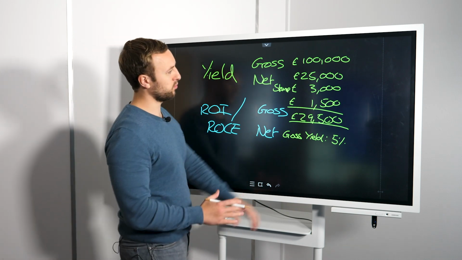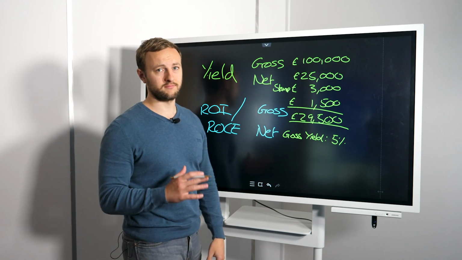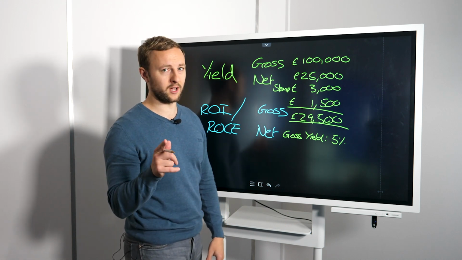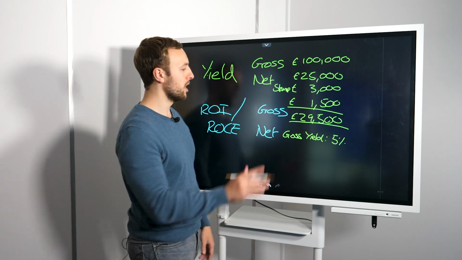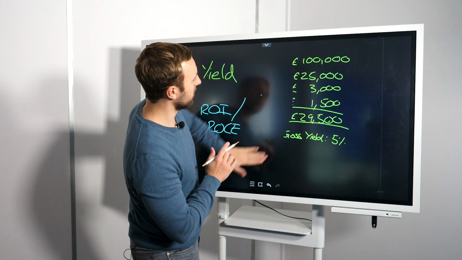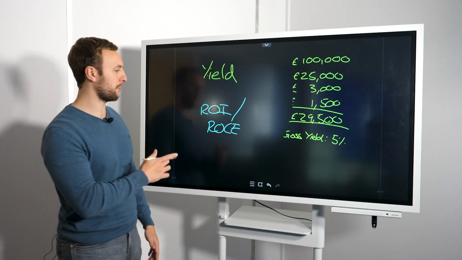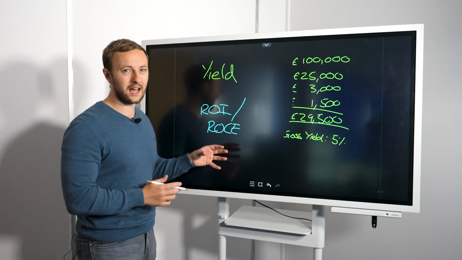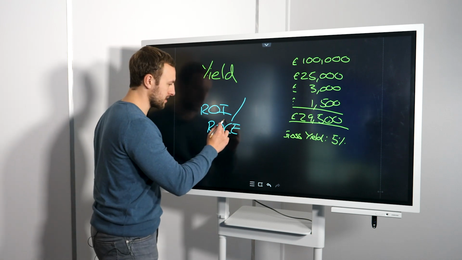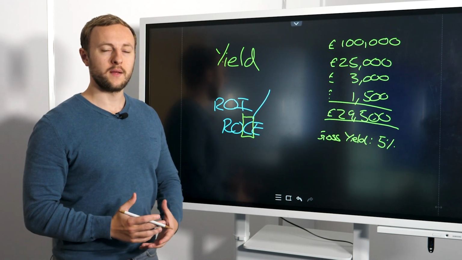So again, if we looked at this, again, these numbers are going to be confusing. So I am going to get my phone out and calculate this one so I don't screw it up. But if we look at this same thing here and we just take this away, if we looked at the return on investment or the return on capital employed, what we're looking at is, think about this part here, your cash, your capital.